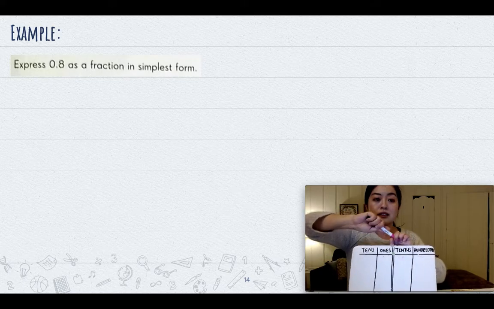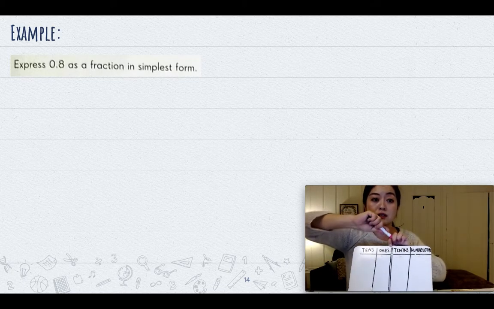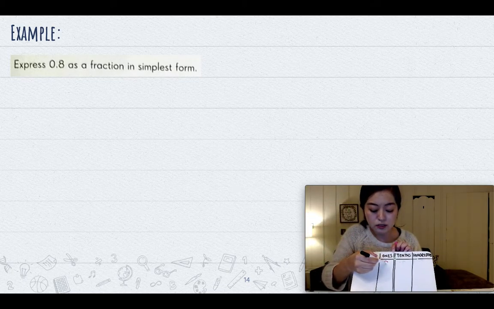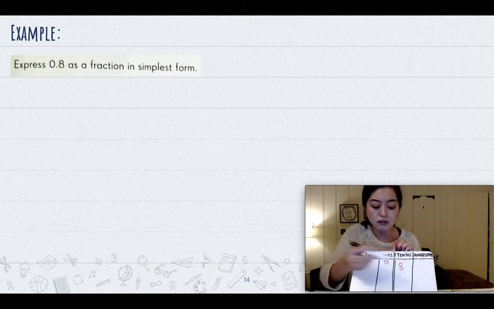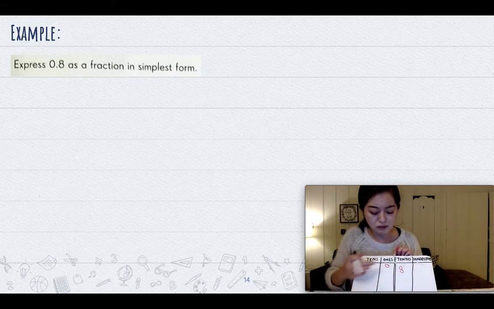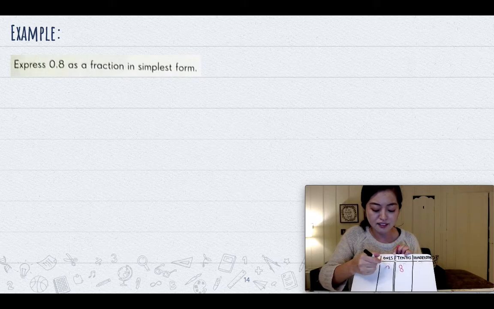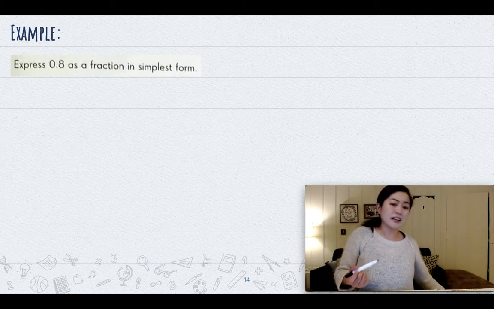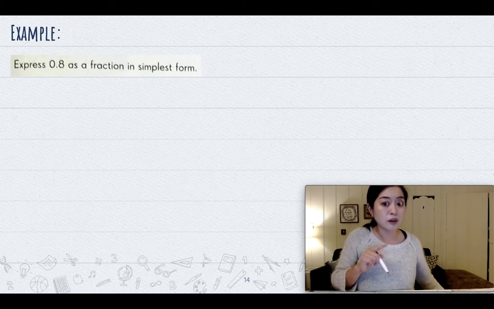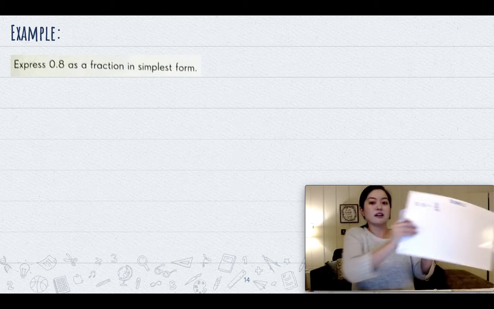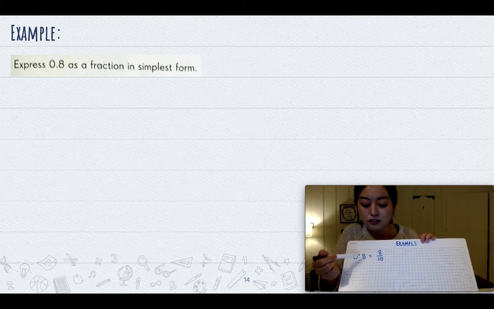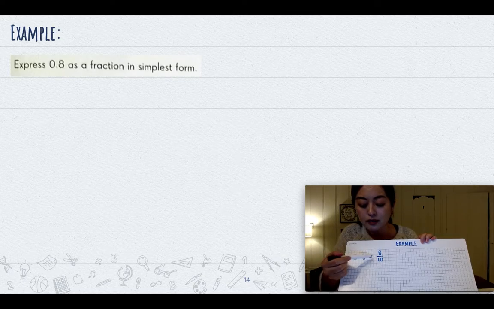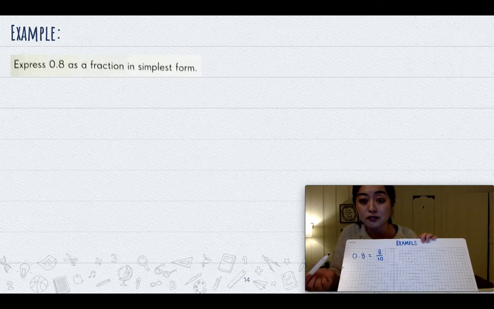So I'm going to write the decimal in here. 0.8 is written like this. Now, how do I, oh, this is kind of uneven. All right, now how do I say this? I say this as 8 tenths. Now that I said it, I know how to write it as a fraction. 0.8 is 8 tenths as my fraction.